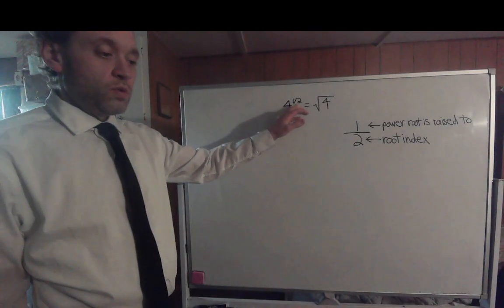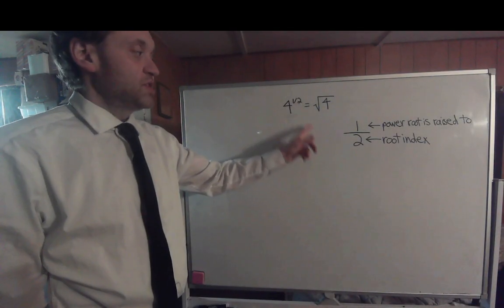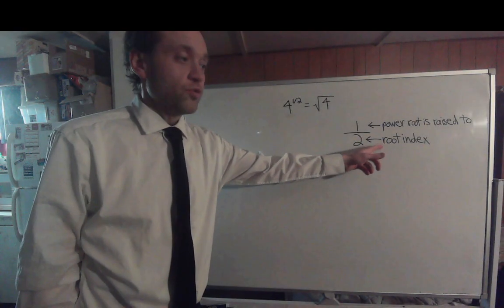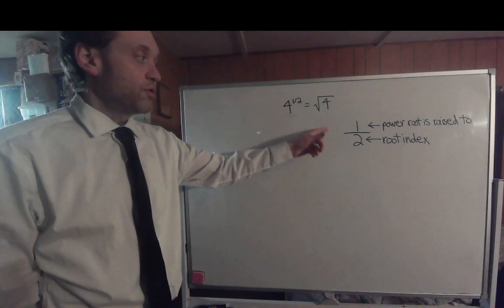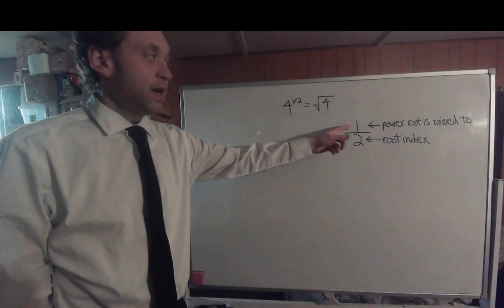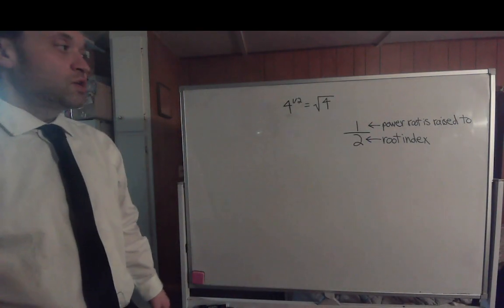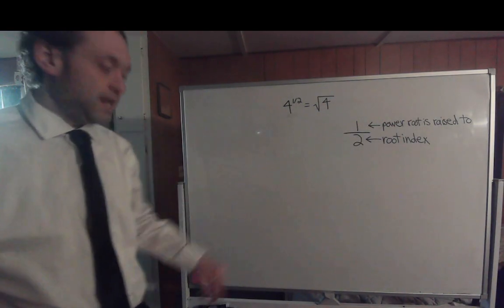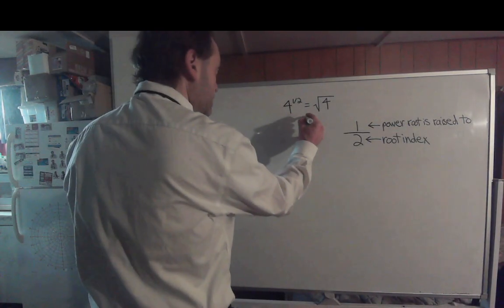So 4 to the 1/2 power, that fraction, the denominator of that fraction is what's called the root index, meaning in this case you would be taking the square root of 4. The numerator is the power that root is raised to. So this is the same as taking the square root of 4 raised to the first power, which we know is going to be 2, right?